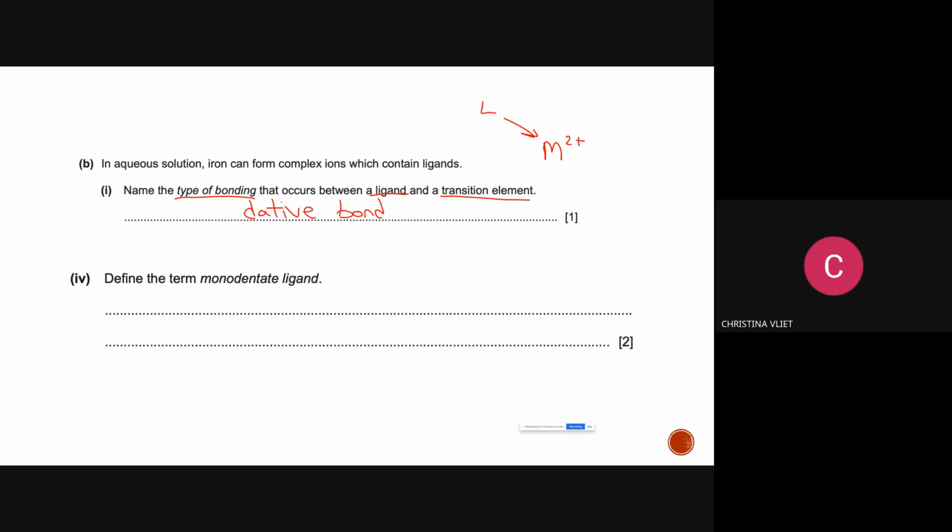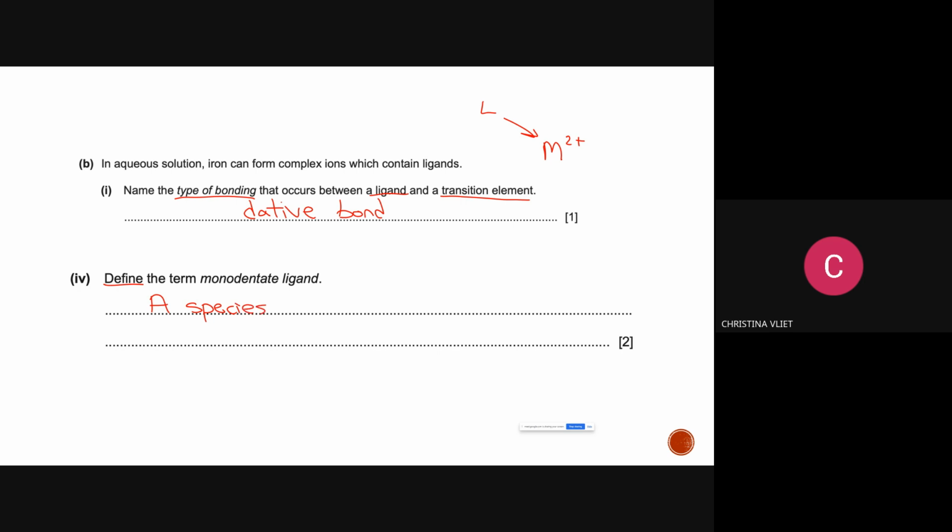Define monodentate. Ligand. What is it? And this is very common. Define monodentate or bidentate. What is that? A species or substance.